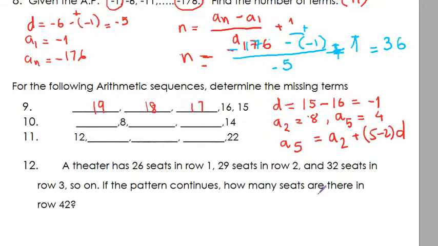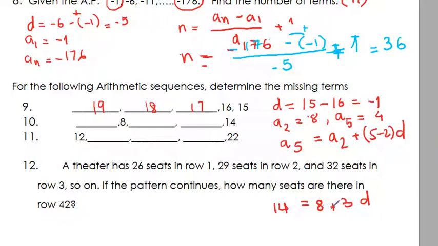It's gonna be long, huh? We're gonna write here a sub 5, 14, substitute here, okay? A sub 5, 14 equals, now a sub 2 is 8, okay? And this one 5 minus 2 is 3D, okay?